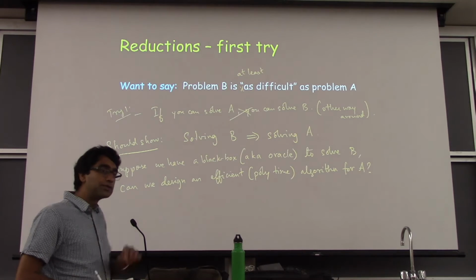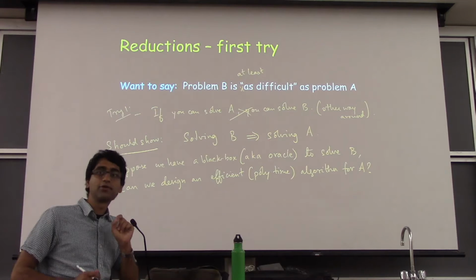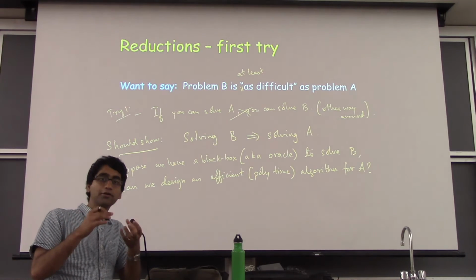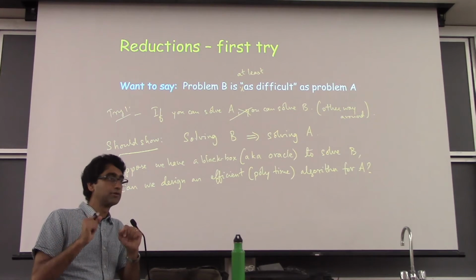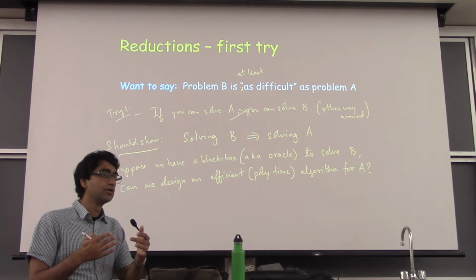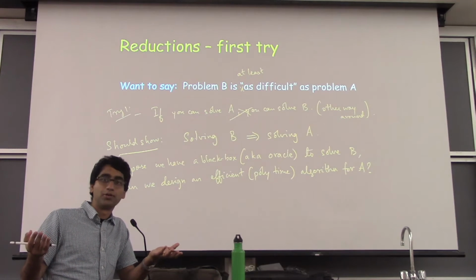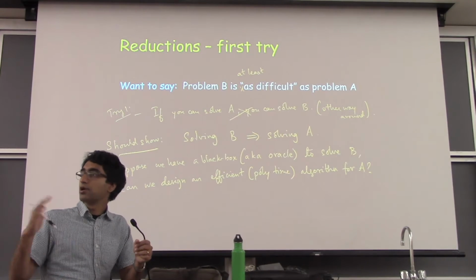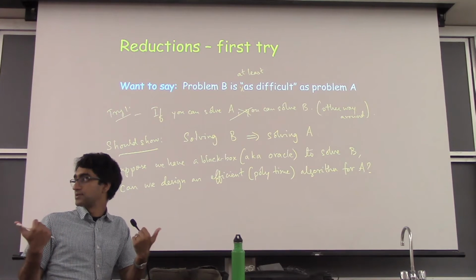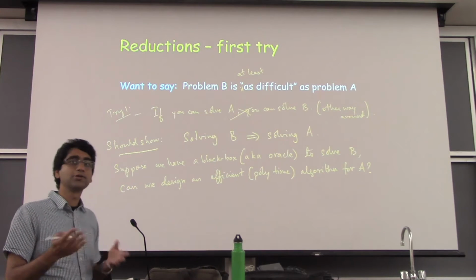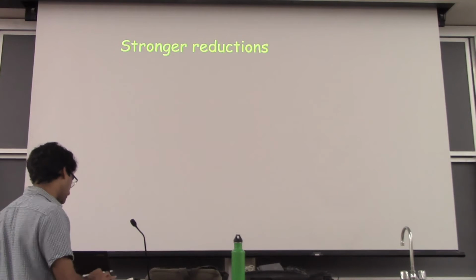This is the question we want to ask. If you have an oracle for solving B, can you use this oracle? You can query it on any input you want, and you are allowed to play with the outputs of this oracle. Can you use it to solve A?